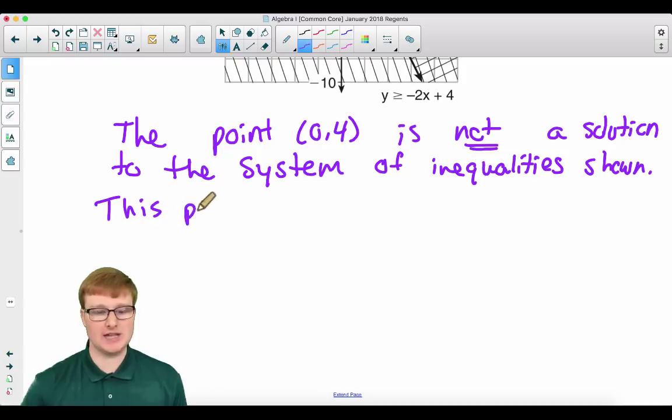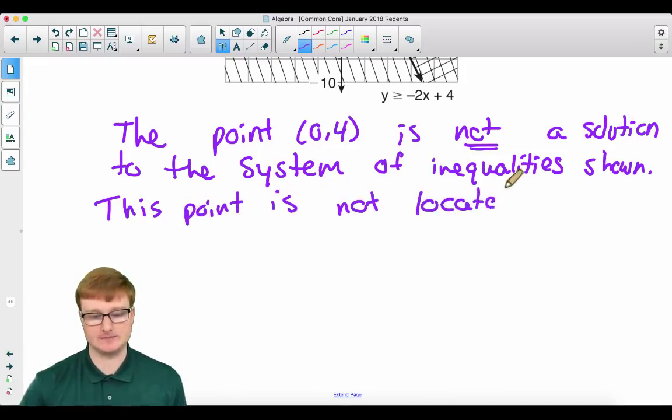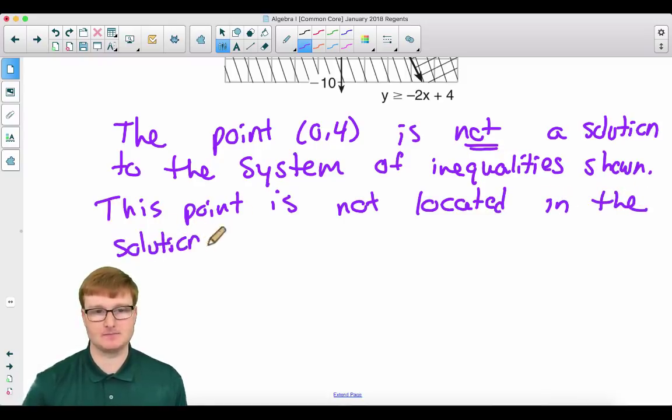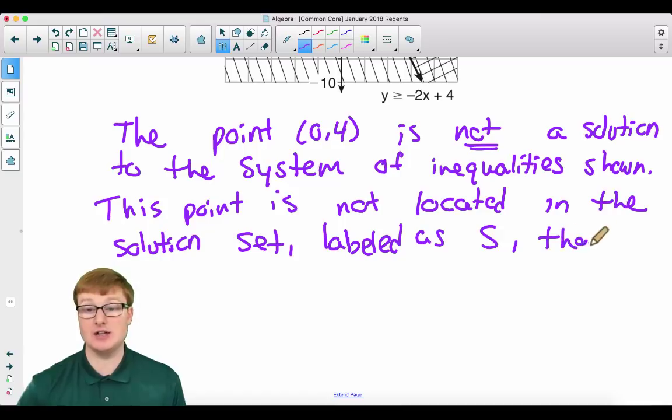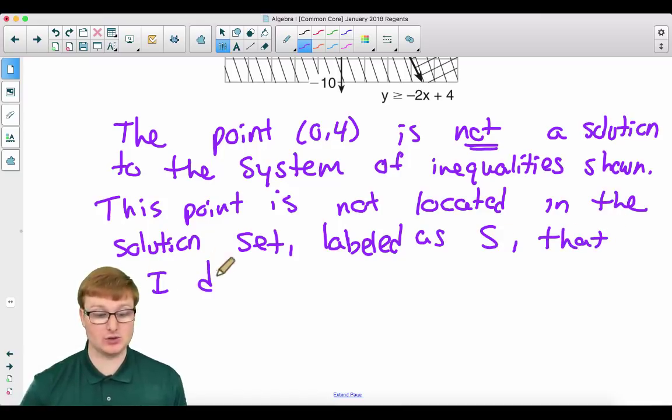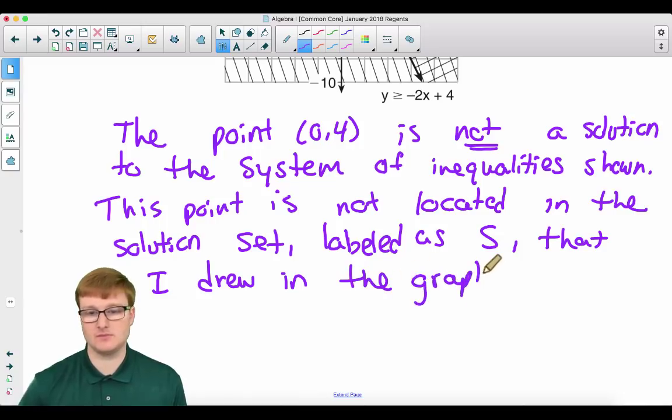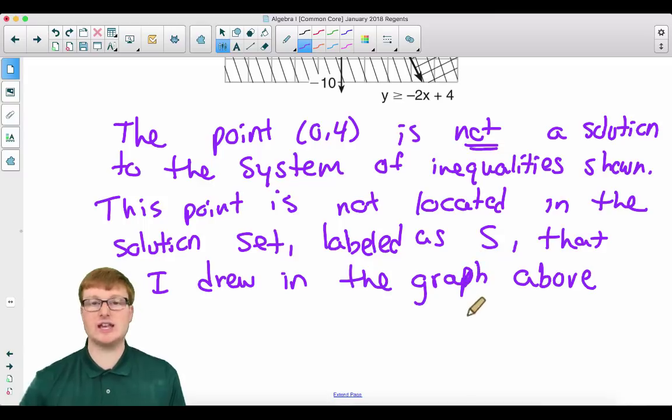So then we could further say that this point is not located in the solution set labeled as S that I drew in the graph above. As long as you indicate to the reader that you drew in that solution set and you say it in your answer, you could absolutely say that. Or you could further say this information.